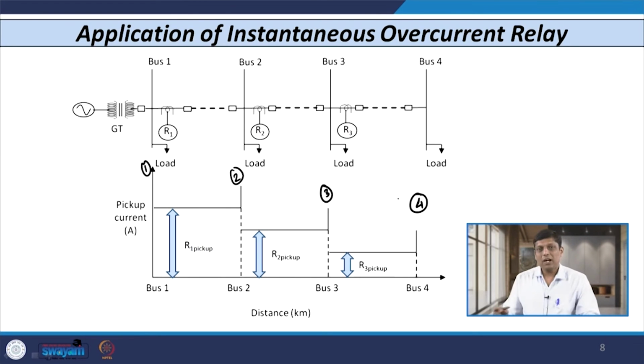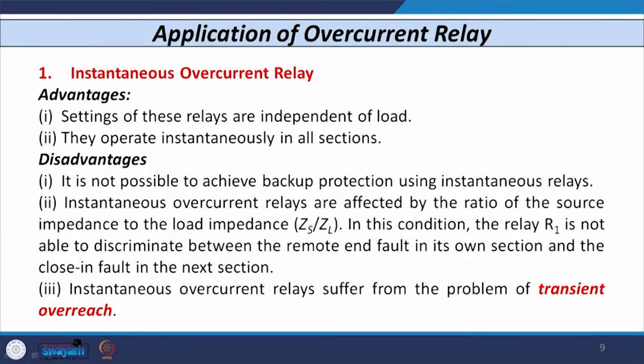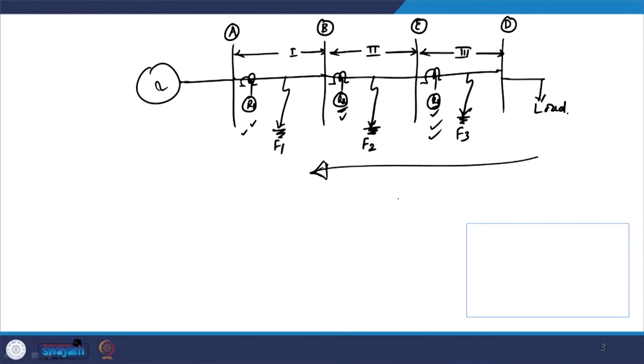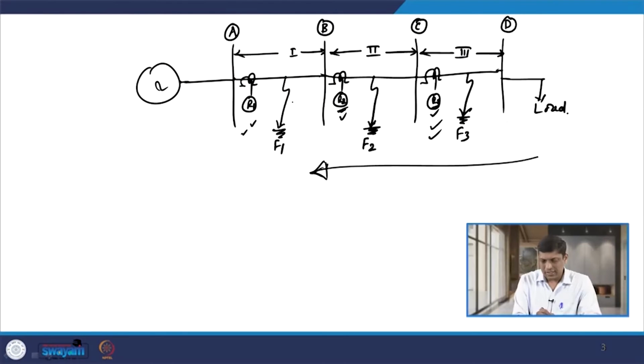With this background, this instantaneous overcurrent relay has certain advantages and disadvantages. Let us discuss first the advantages. The first advantage is that the setting of these relays is independent of the load. That means if I consider the 3 sections, you can carry out the setting independently.